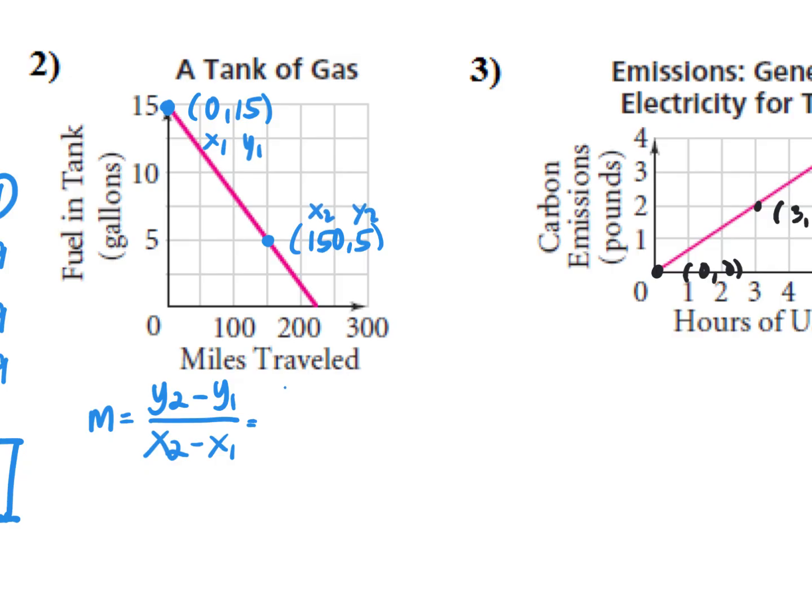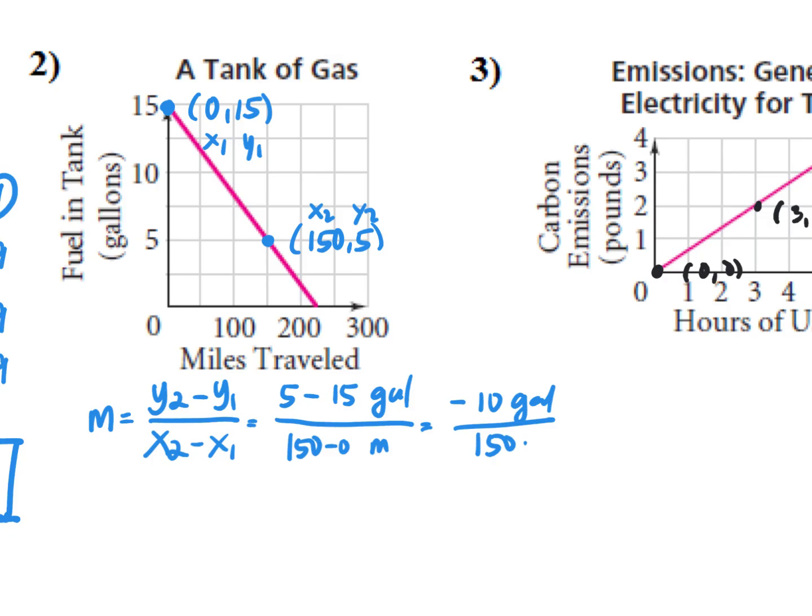So in this case, this gives you 5 minus 15 gallons, all over 150 minus 0 miles. Okay, so we're going to simplify this. This gives you negative 10 gallons all over 150 miles. So cancel this, and therefore the slope here is negative 1 over 15.